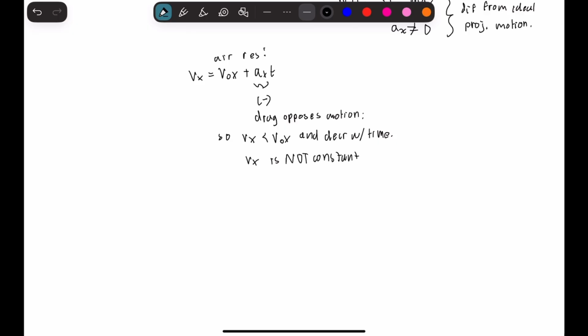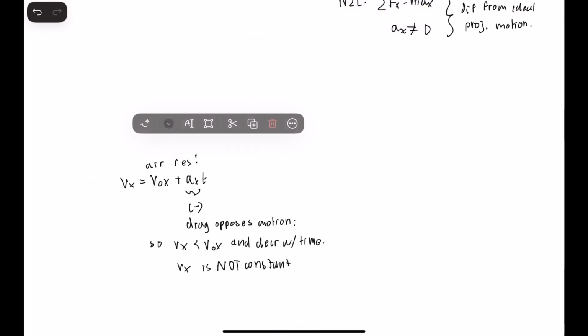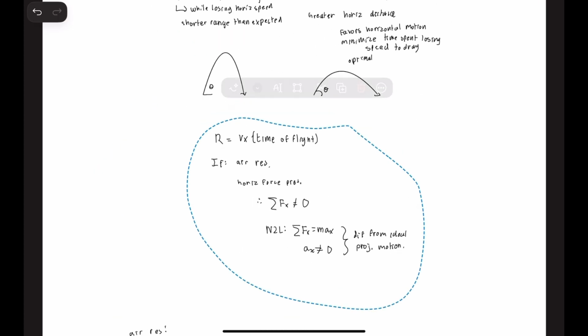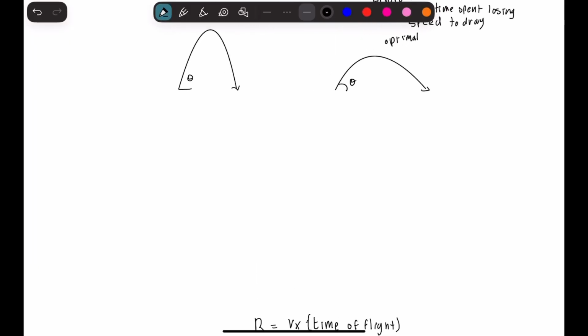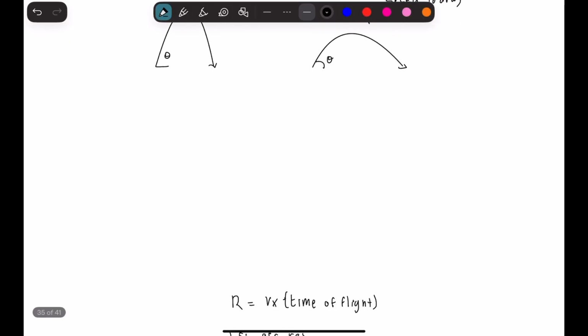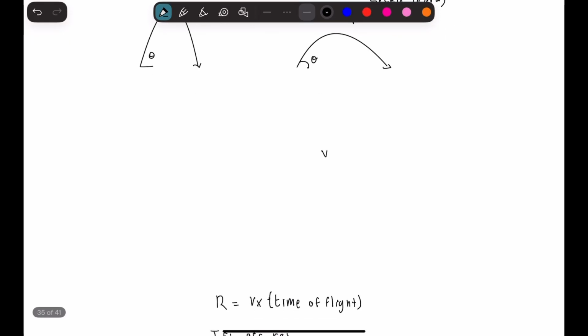Now we can compare these high and low angles using equations. We can represent the horizontal and vertical components with V0x equal to V initial cosine theta, and V0y equal to V0 sine theta.